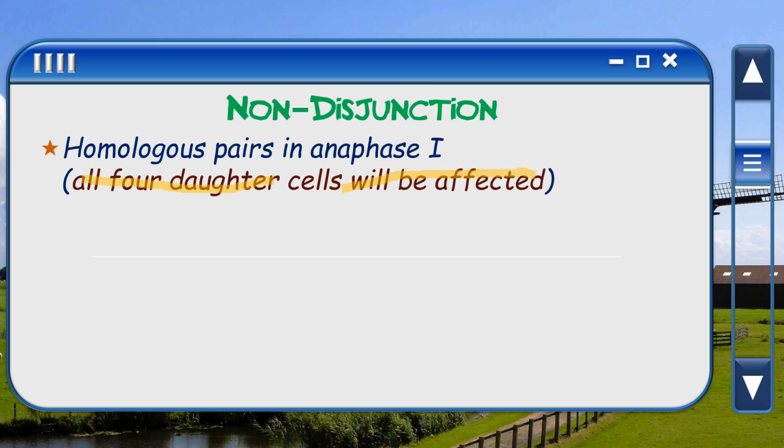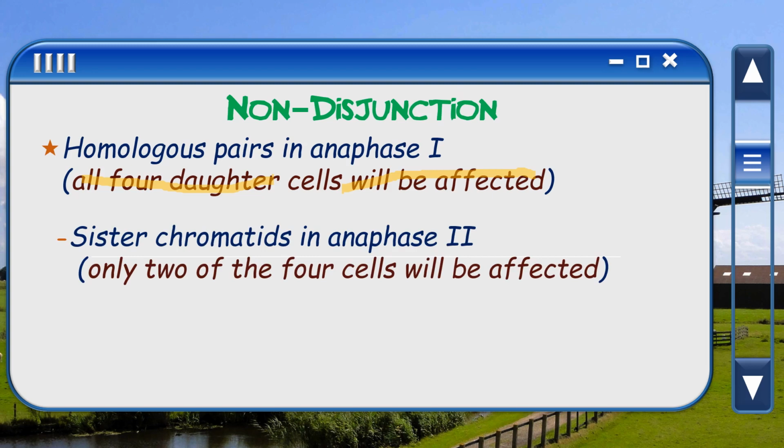If it takes place in anaphase 1, whereby homologous chromosomes fail to separate, this will result in all 4 daughter cells being affected. 2.